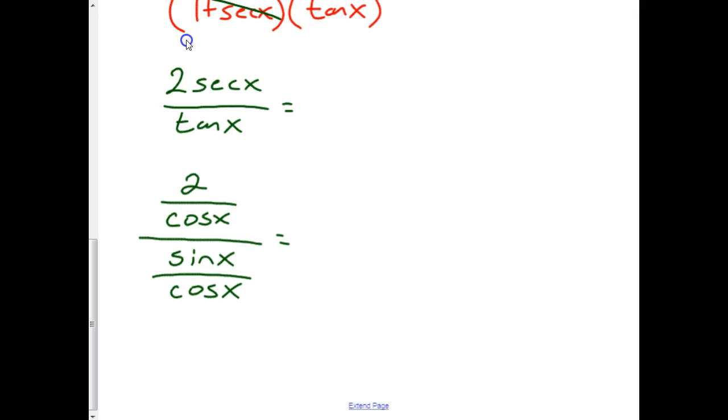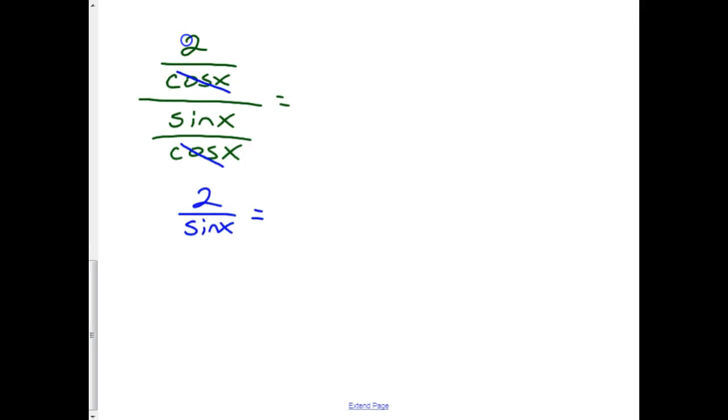So that would look like this. Let's see, cosines would cancel, and you're left with 2 over sine. Right? Well, 2 over sine is just 2 cosecant x, which is exactly what we were looking for. So that one was kind of long, but we kind of made it through, right?